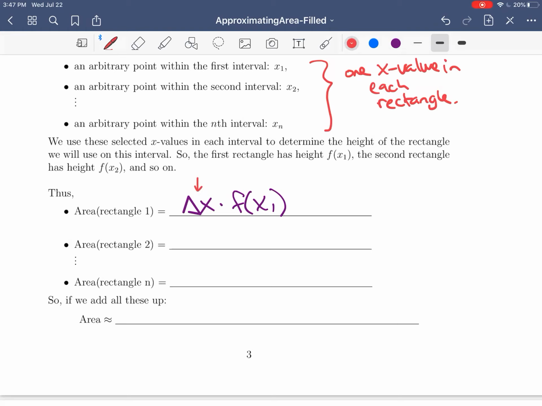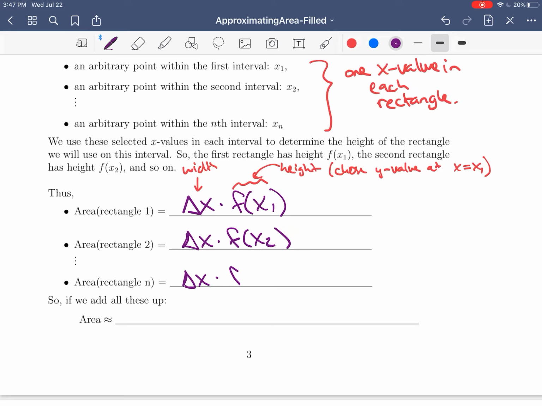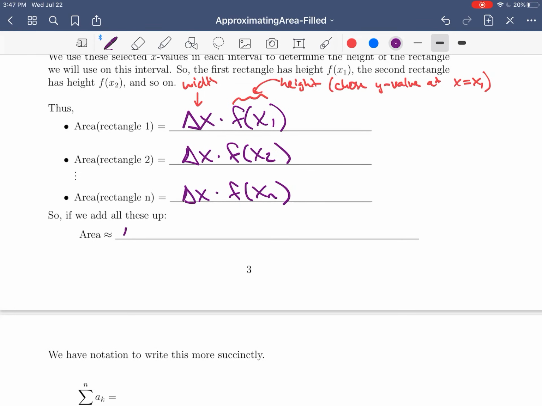So this is the width, and this would be the height, because we chose the y value at x equals x1. So the area of rectangle 2 is going to be delta x times f of x2, etc. The last rectangle is going to be delta x times f of xn. So if we add all these up, we get something that looks like this.